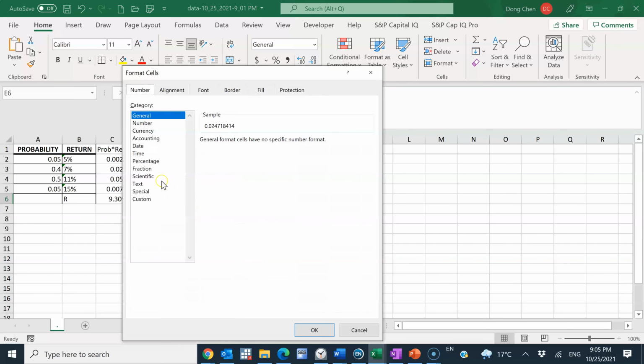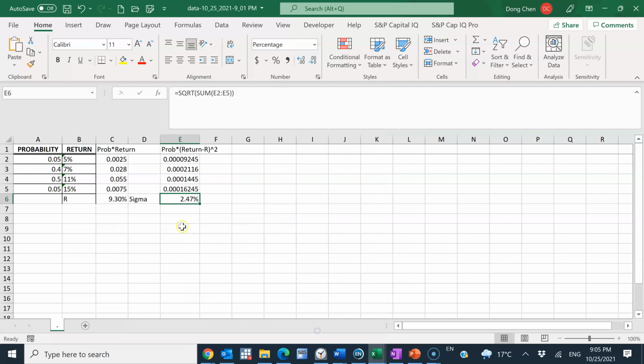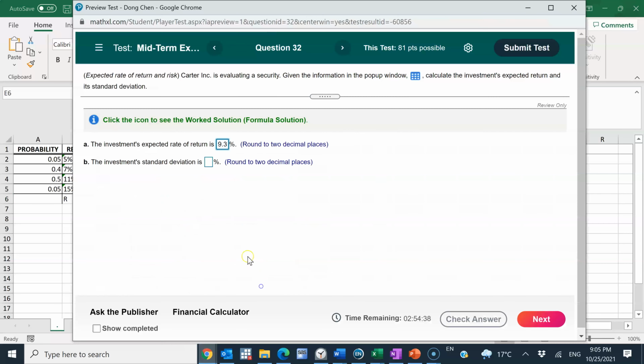Just format the cells and keep 2 decimal places. I guess that should be consistent with the rounding requirement for the expected rate of return. That's exactly the case. And then just copy the number or just type the number back and check my answer now.